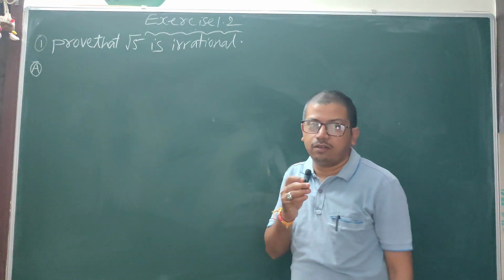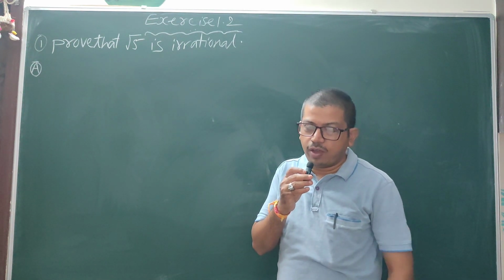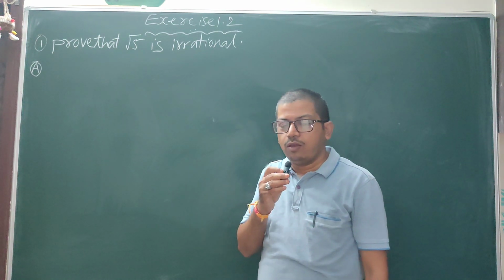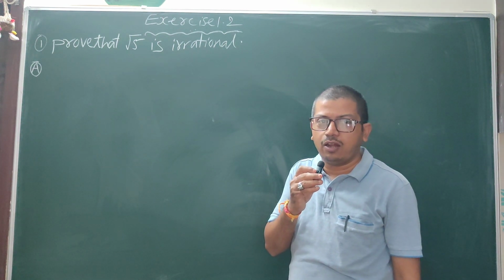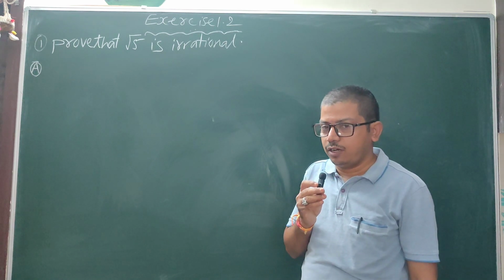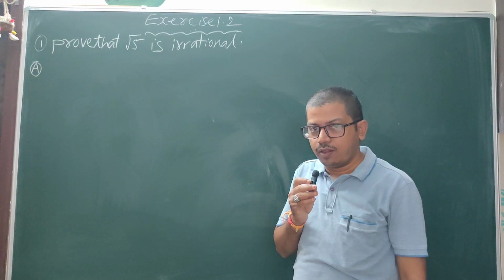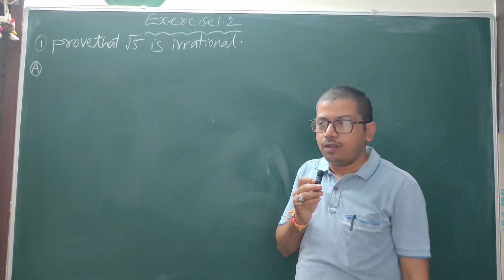So we know that 5 is a prime number, then automatically root 5 is irrational according to the definition of irrational numbers. But we need a proof for the academic purpose.